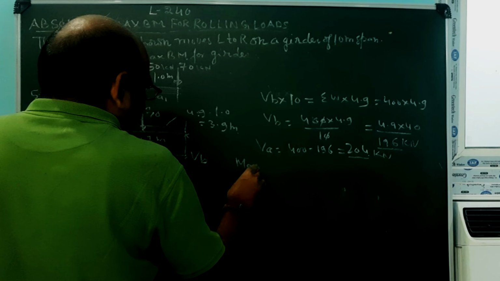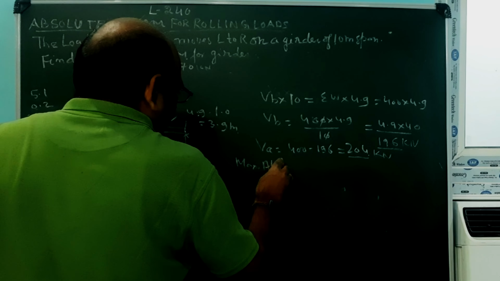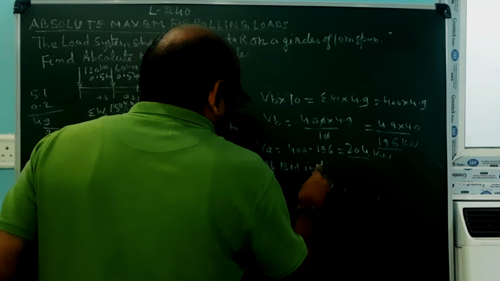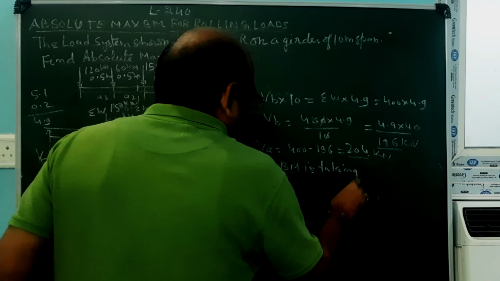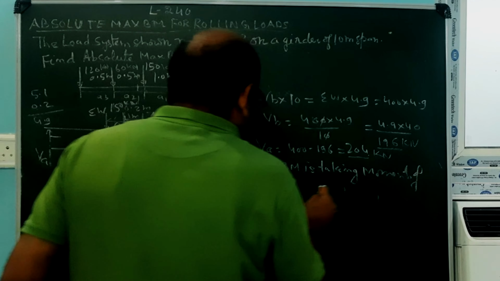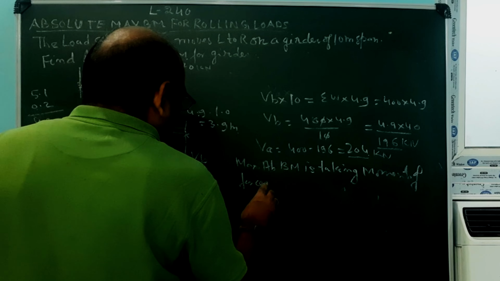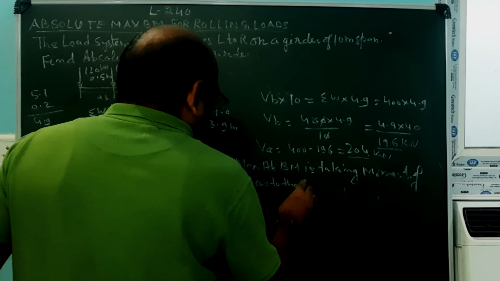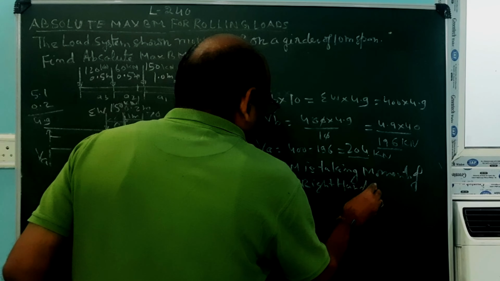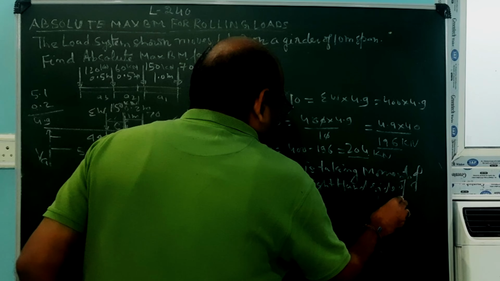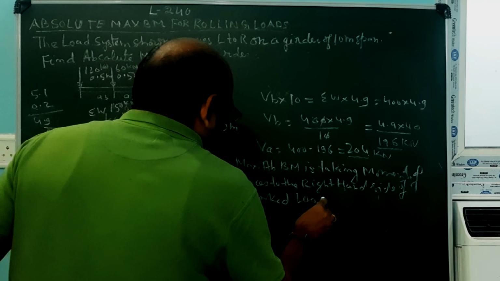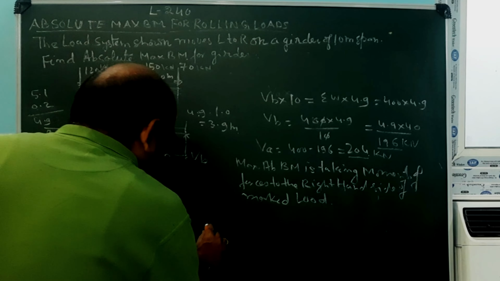The absolute maximum bending moment is taking moments of forces to the right hand side of the marked load. Your marked load is 150, so we are getting like this.